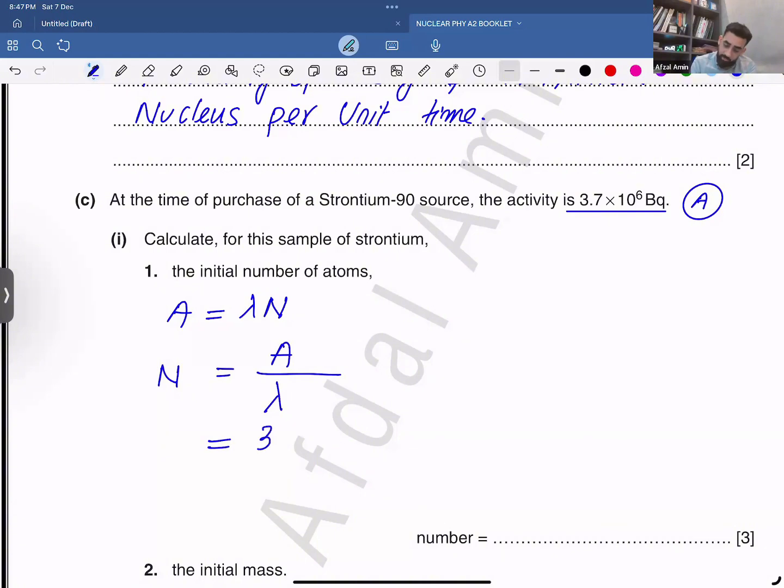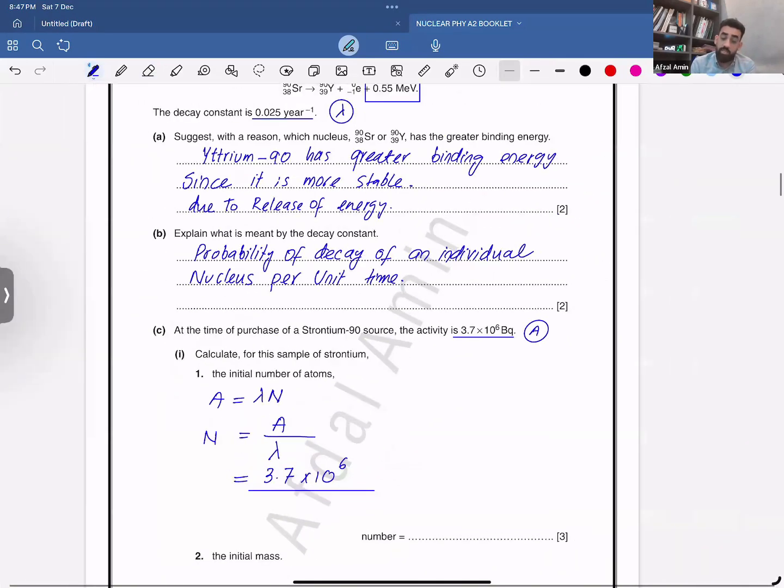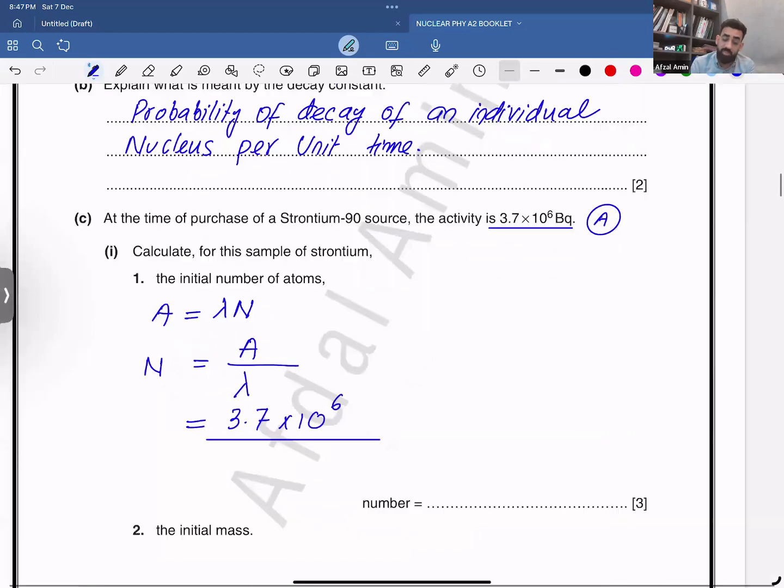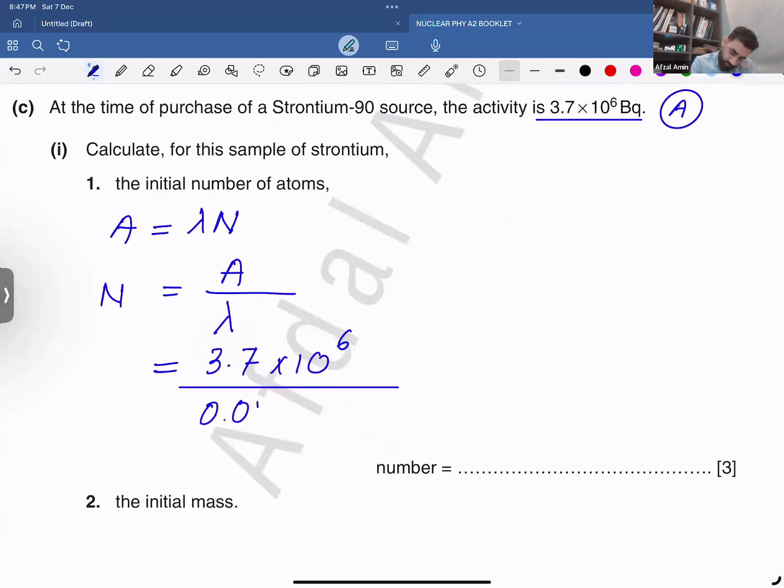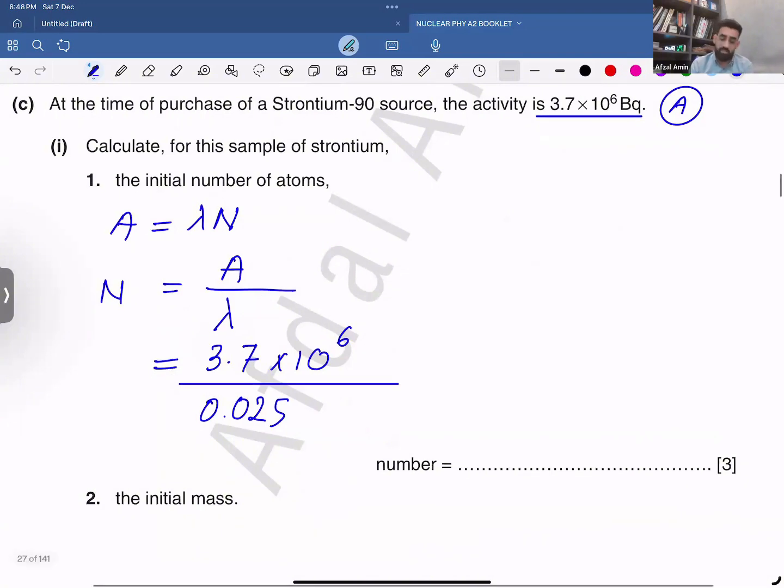A is 3.87 times 10 power 6. Now, here is the issue. It is 0.025 per year. If year to second, we keep multiplying. But per year to per second, you keep dividing.